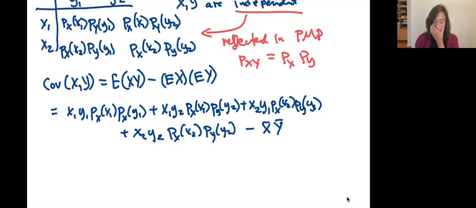I'm going to do some factoring here. In this first expression, I want to factor out the x1s and the pX(x1)s. From these two terms, I want to factor that out. So that equals x1 pX(x1). And what am I left with when I factor that out?